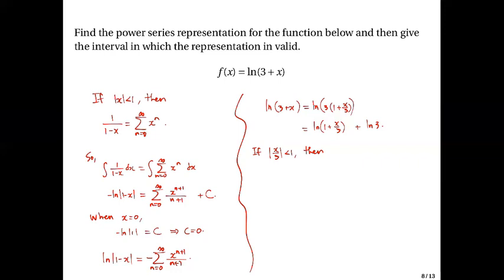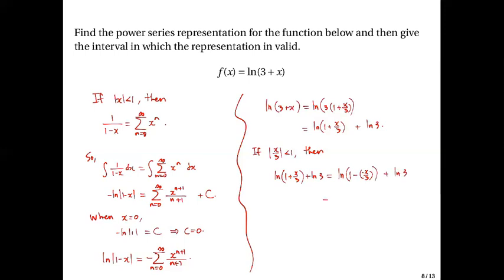So let us just write that. We have ln of 1 plus x over 3 plus ln of 3. This is equal to ln of 1 minus negative x over 3, plus ln of 3.